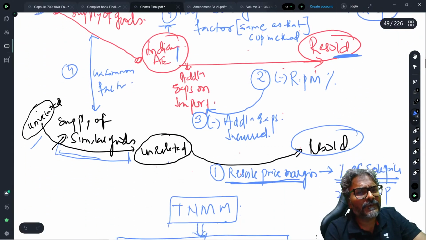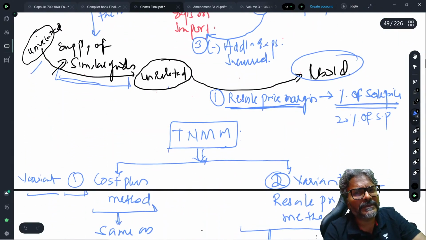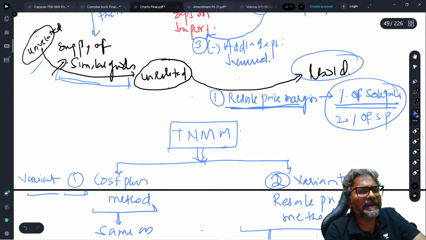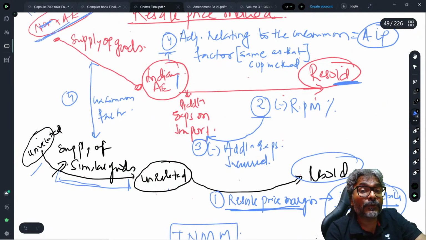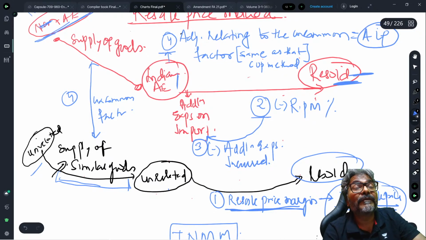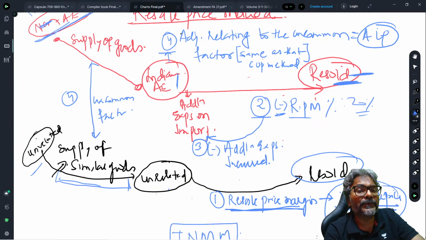So thereafter, students, once you get the resale price margin percentage from the unrelated party as a percentage of sales, you will then apply point number 2. Of the goods which have been resold by the Indian AE further, you will reduce the resale price margin percentage, which in my example is 20%. So the resale price margin percentage will be reduced.